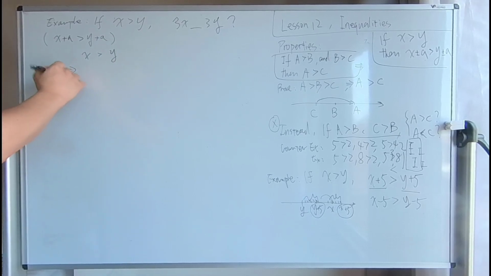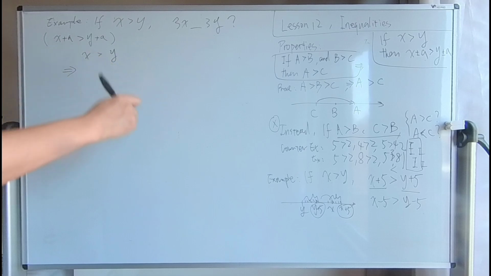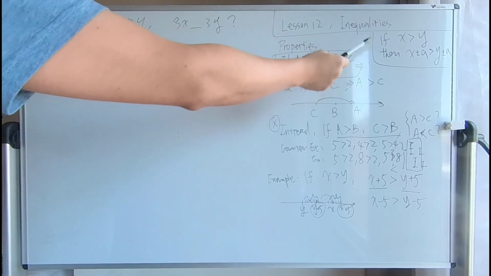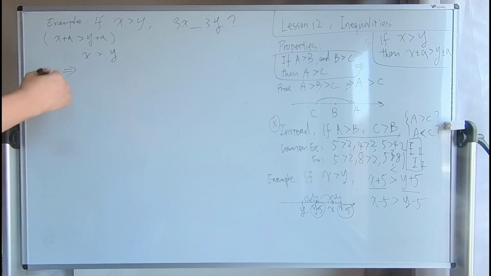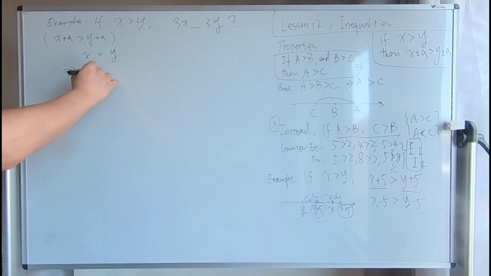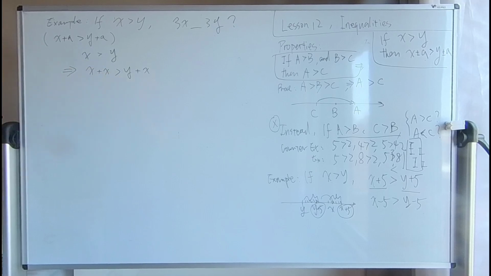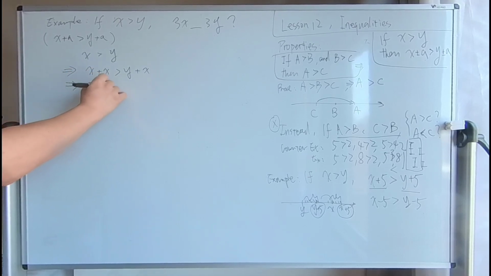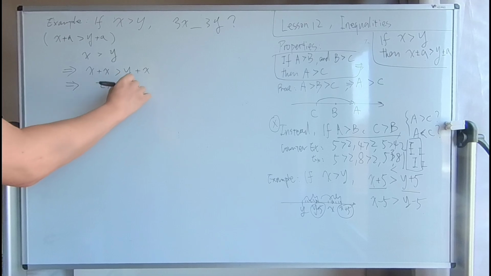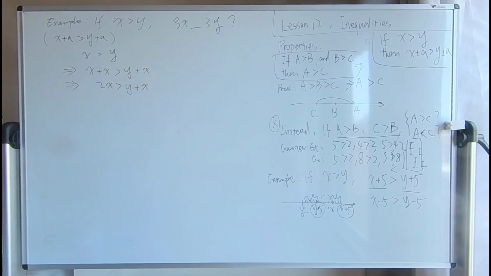Now, assuming I already proved that the inequality does not change by adding the same number on both sides, I can first add x on both sides, right? Based on that, it doesn't change your sign. Now this means I have 2x greater than y plus x.